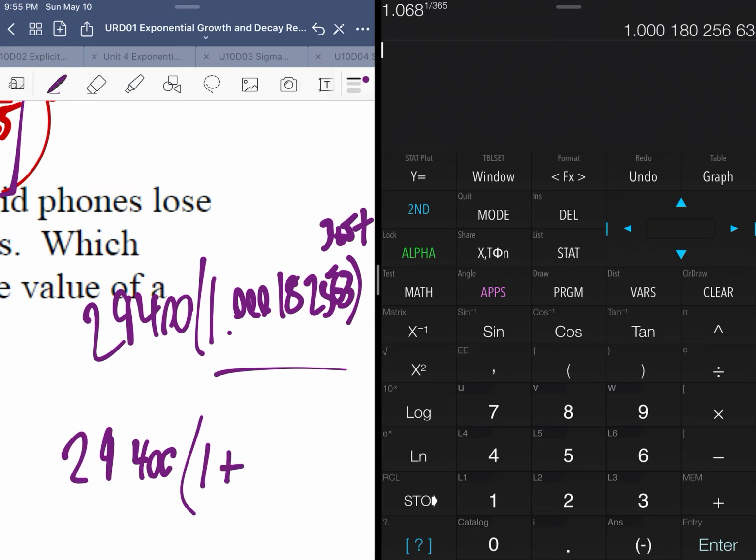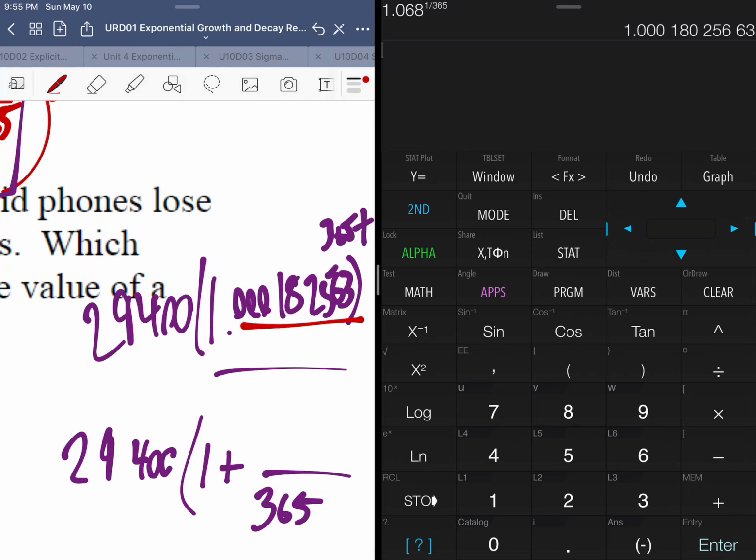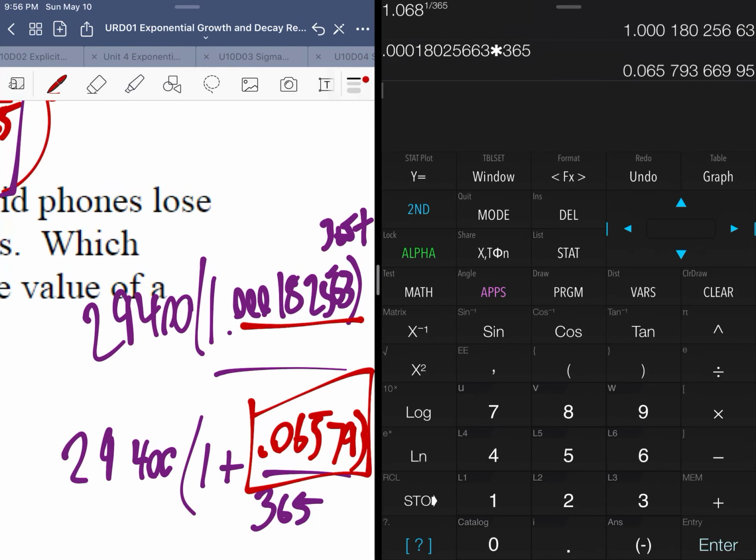29,400 to the 1 plus, because remember, this should be over 365. So that means I'm going to take this section of the expression and multiply it by 365. So that's 0.000180256663, just looking at the calculator screen, and I'm multiplying that by 365, and that is 0.065793.